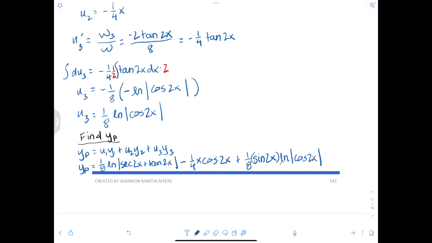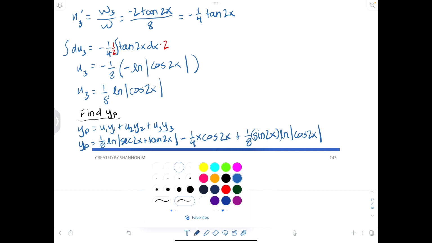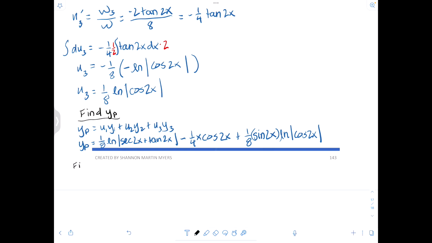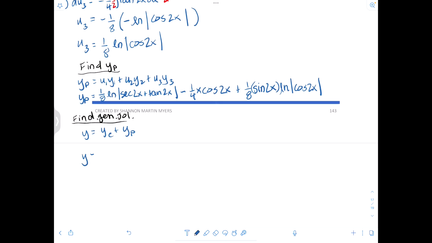Cool. And then finally, find the general solution. So that's just y equals yc plus yp. So y equals, we had c1 plus c2 cosine 2x plus c3 sine 2x. And then our particulars, right?